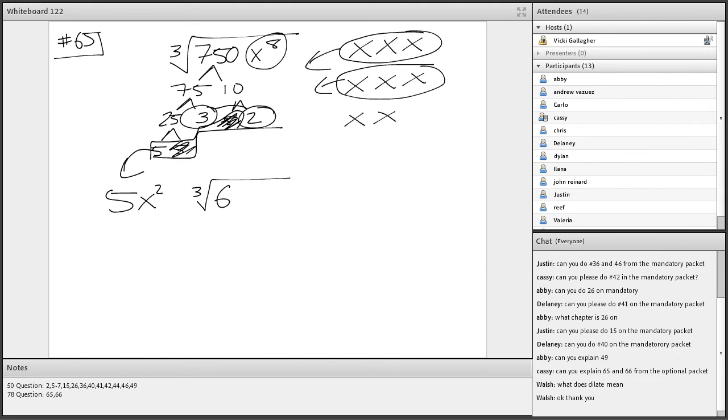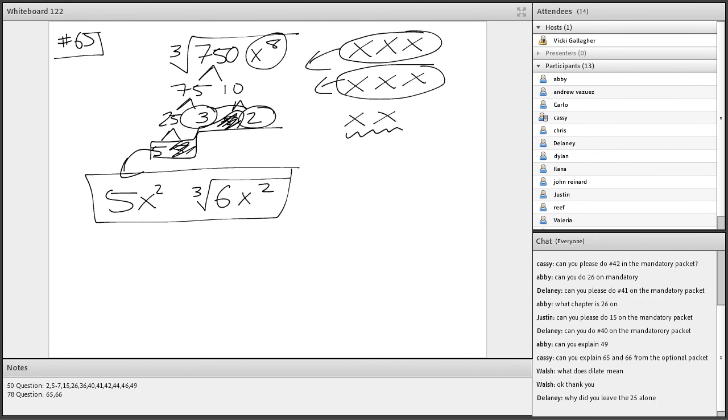Then I have these extra 2 that weren't enough to make 3, so those extra 2 will stay inside. And this is the final answer to number 65: 5x squared on the outside, and then the cube root of 6x squared.